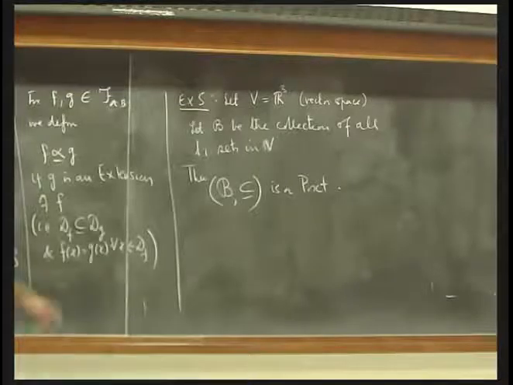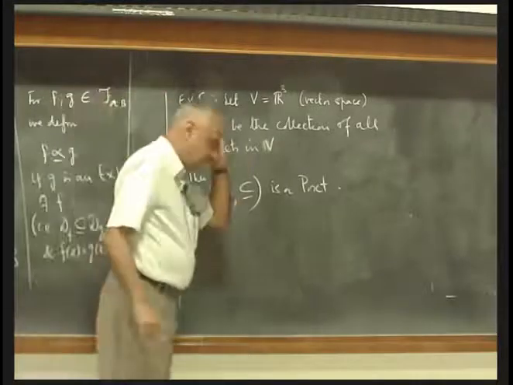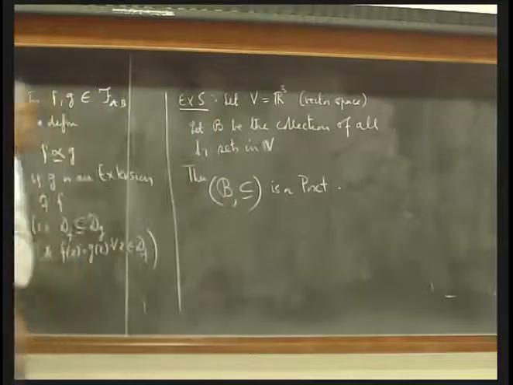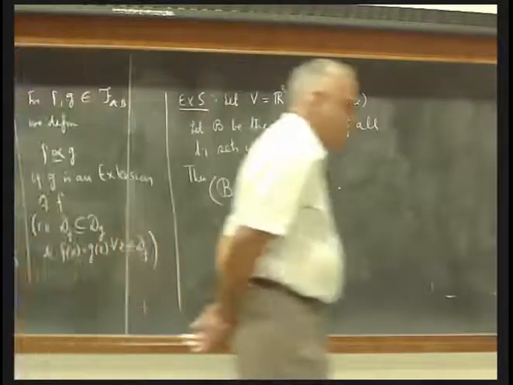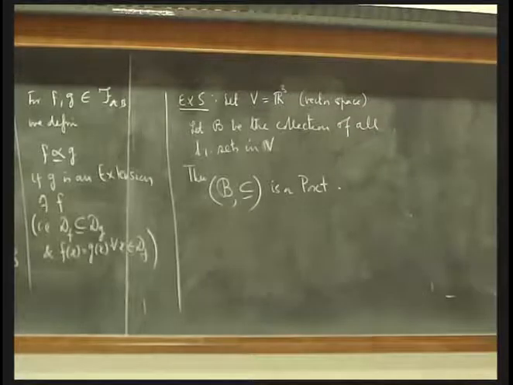So this is a simple example. Again, in this, two linearly independent sets need not be comparable. One linearly independent set need not be a part of another linearly independent set. Again, this is an example where pairs need not be comparable.